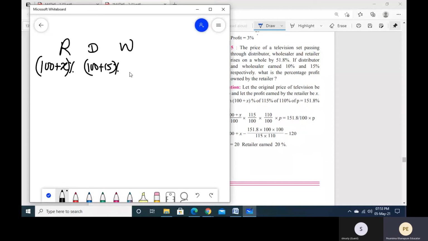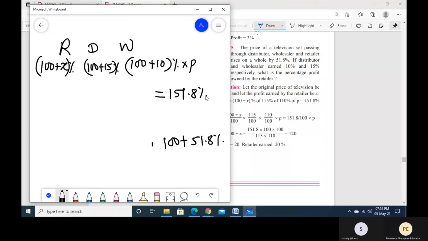The wholesaler earns 10%, so 100 plus 10% more. On what are they earning? They are earning on the original price. Okay. And at last, the total money has increased by 51.8%. If the original was 100, then 100 was increased by 51.8. That is 151.8%. Getting it? Yes, ma'am.